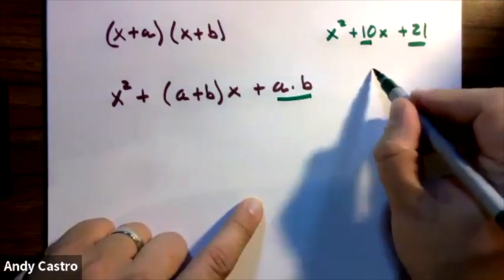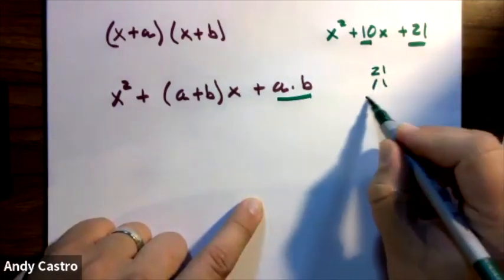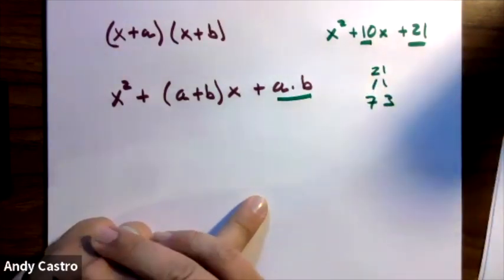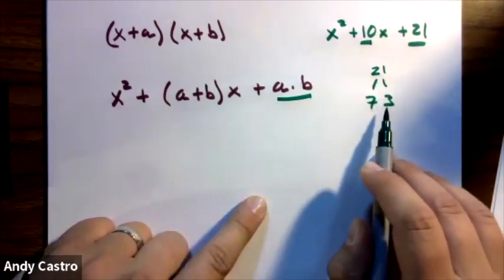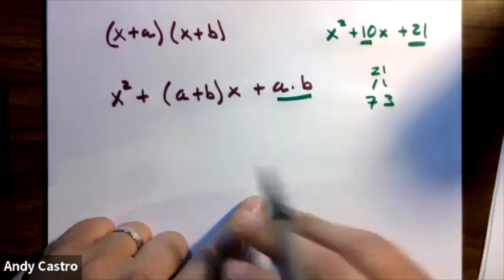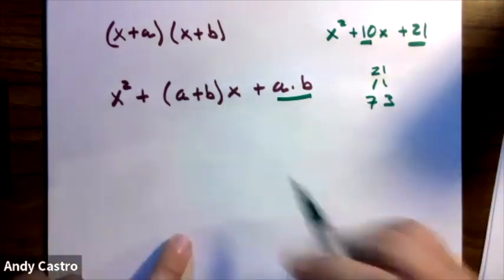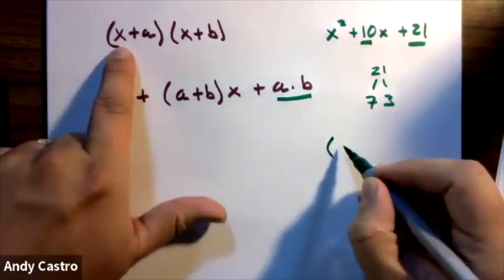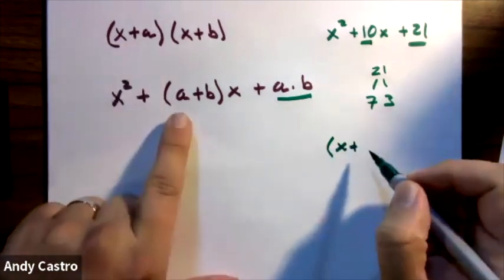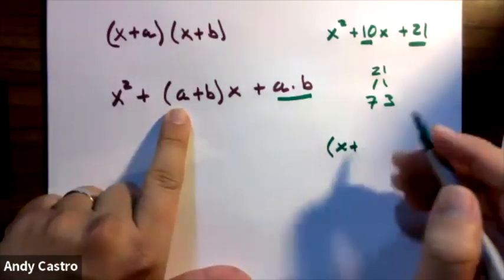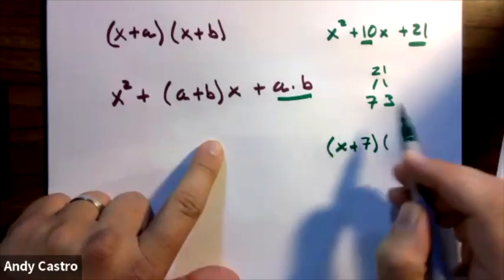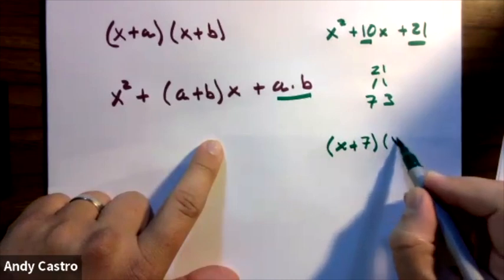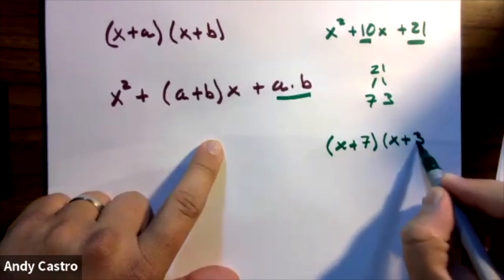All right, so if we look at 21, we know that's 7 and 3. Well, 7 times 3 gives me 21. 7 plus 3 gives me 10. So we found it. We found our a and b. So this would be x plus my a, which you could choose to be 7 or 3. I'll say 7. And then here, x plus 3.